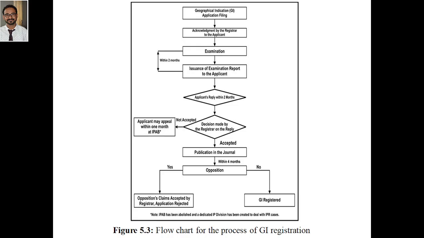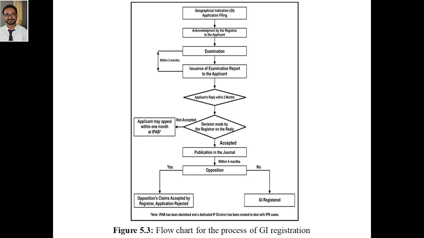You can take a copyright, a trademark, or a patent, anything. You need to do a prior art search where you will confirm whether this particular work is already done, or whether this particular product is already available in the market, or if this particular patent has been registered or not. All those things you will come to know. Then only you will go for geographical indication application filing.